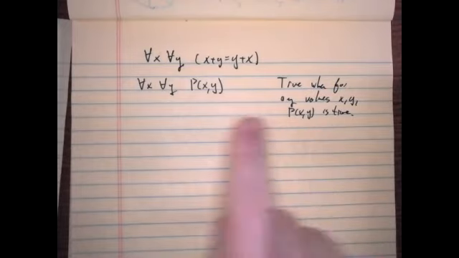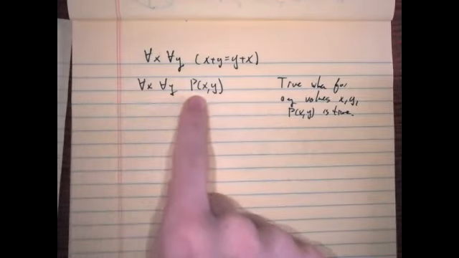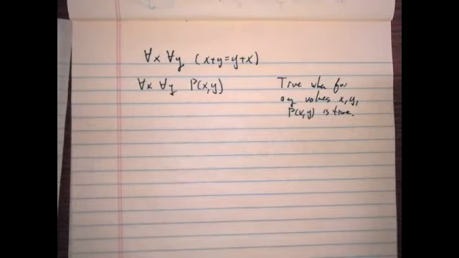So when is a for all x for all y, p of x, y false?